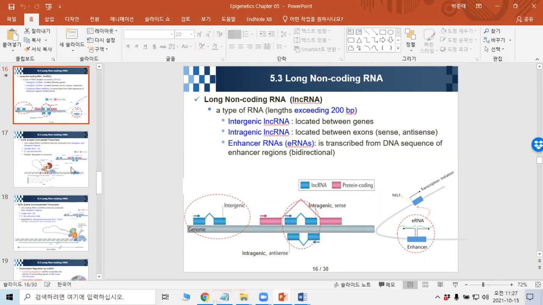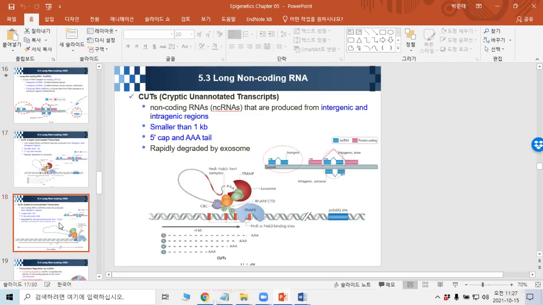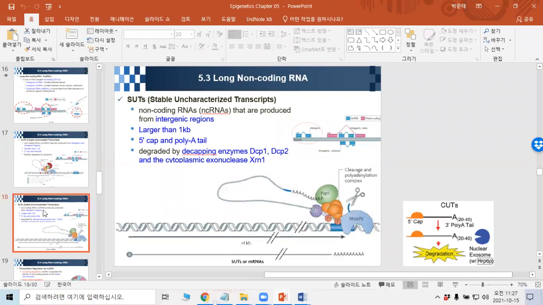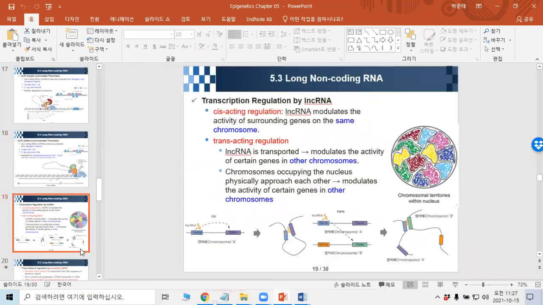Especially CUT and SUT are long non-coding RNAs. And also there is a mechanism, transcription regulation by long non-coding RNA. There are two mechanisms, cis-acting and trans-acting. So in our homework, I asked about the trans-acting mechanism.